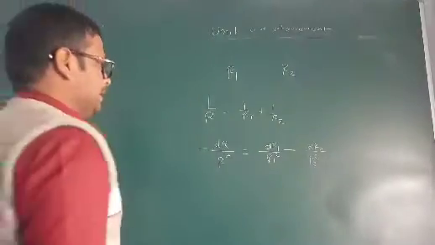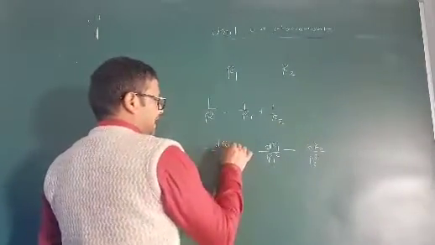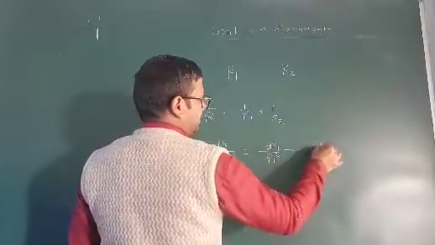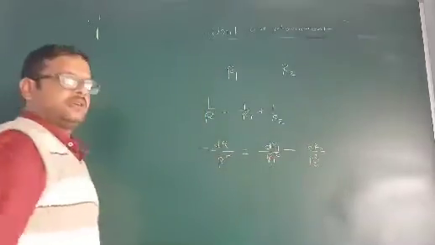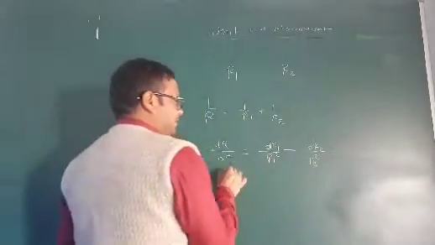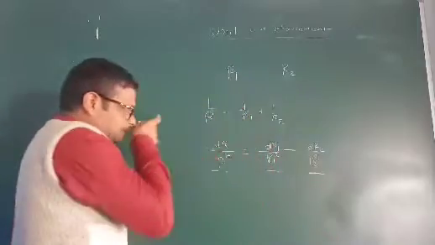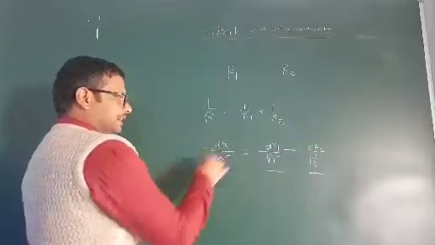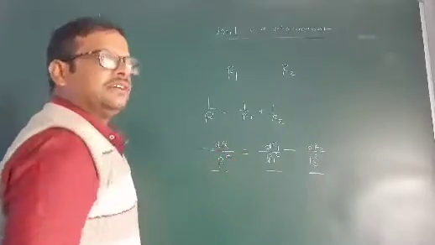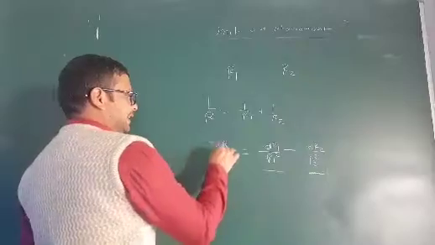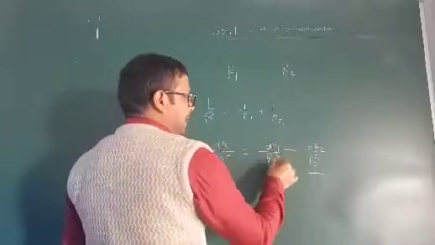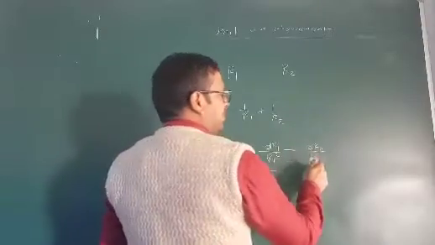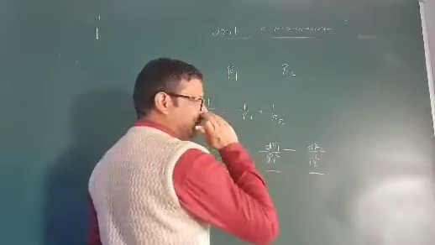Okay students, you know very well dR upon R square, dR1 upon R1 square, dR2 upon R2 square. This is very simple. dR by R is the relative error in their resultant. dR1 by R1 is the relative error in R1. dR2 by R2 is the relative error in R2.